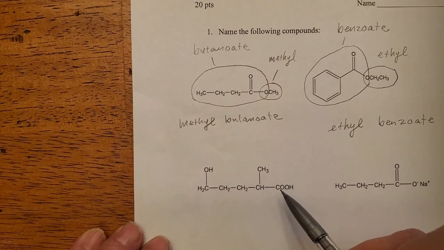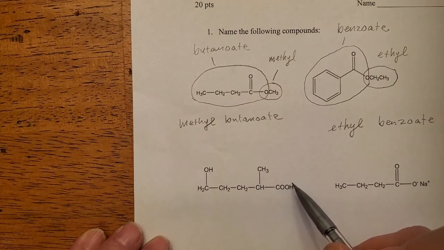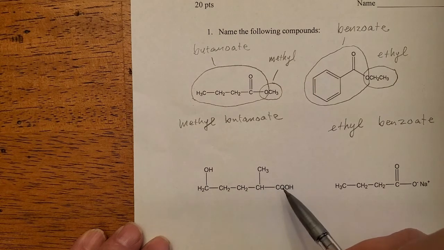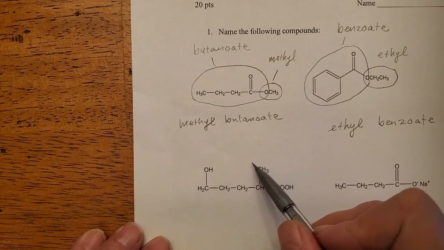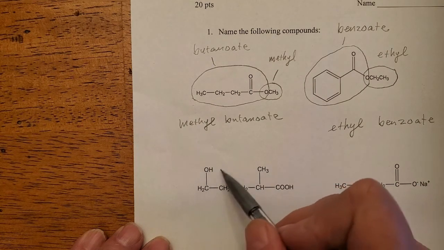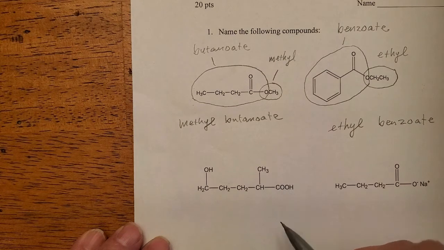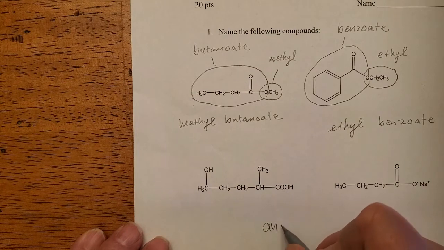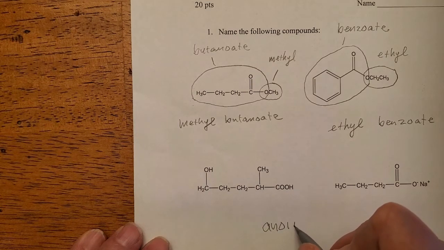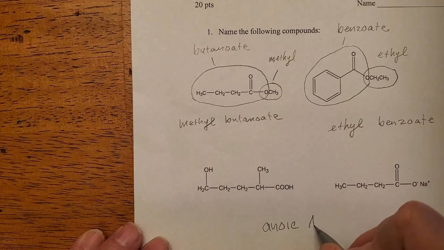So the parent name of this molecule is going to be named after a carboxylic acid, and it's going to include these substituent groups. So carboxylic acids end in enoic acid.